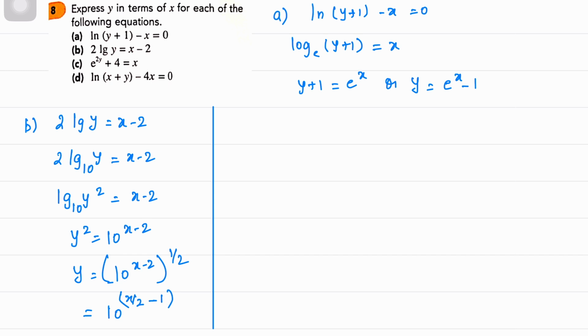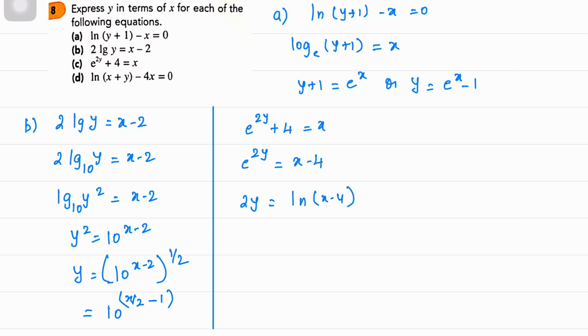Now let's do C. e raised to 2y plus 4 equals x, and e raised to 2y equals x minus 4, and we can write this as 2y equals natural log of x minus 4.